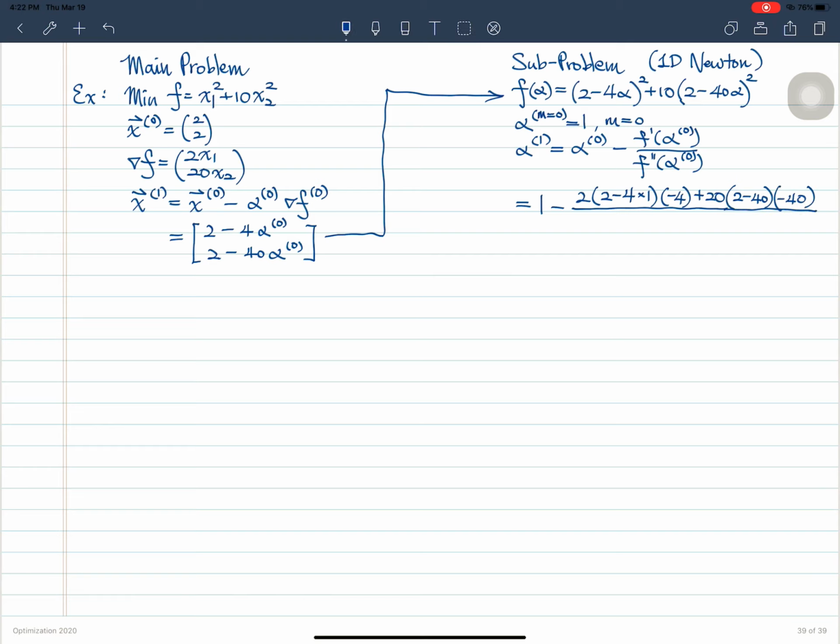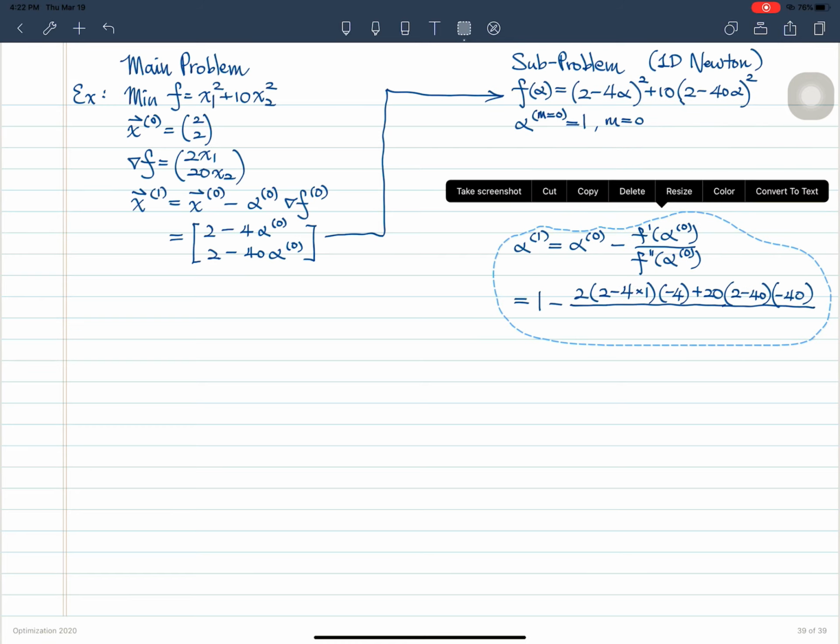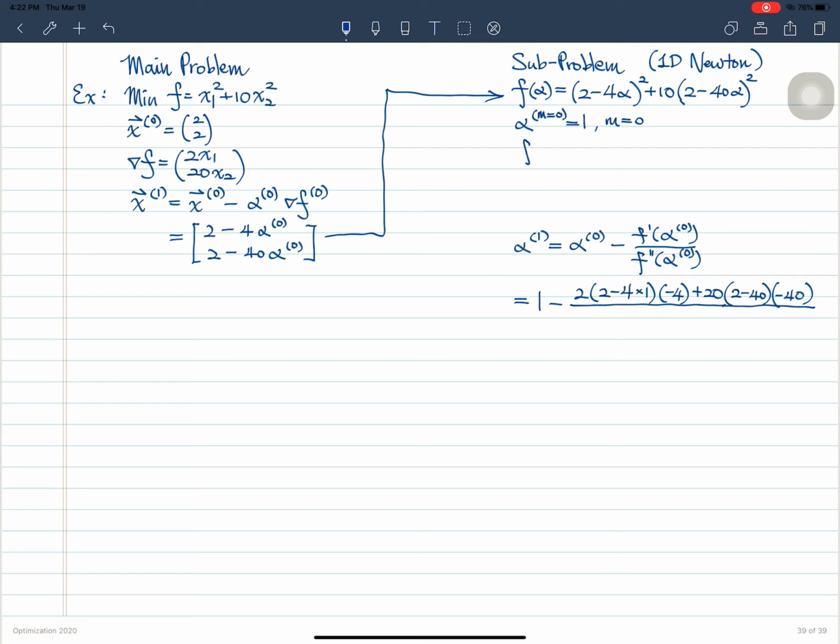And I should have, sorry, get the forms first. So f prime of alpha is 2 times (2 minus 4 alpha) times negative 4 plus 20 times (2 minus 40 alpha) times negative 40. So maybe I derive this here.